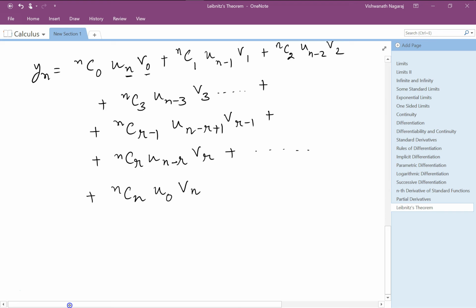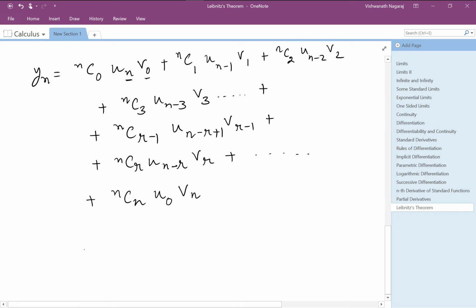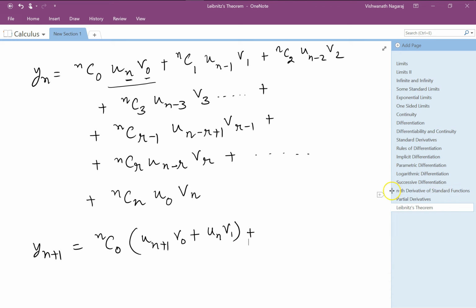So that is where mathematical induction comes into picture. Let's differentiate this. y n plus 1 is equal to, and here the constant we take it out, times. Now we differentiate this, u n plus 1 v0 plus u n v1 plus, let's make a little bit of space.